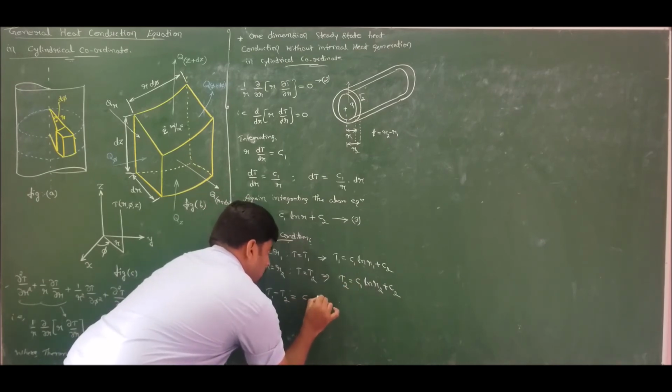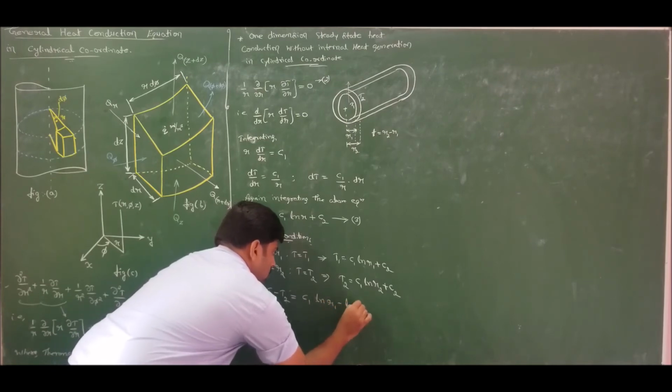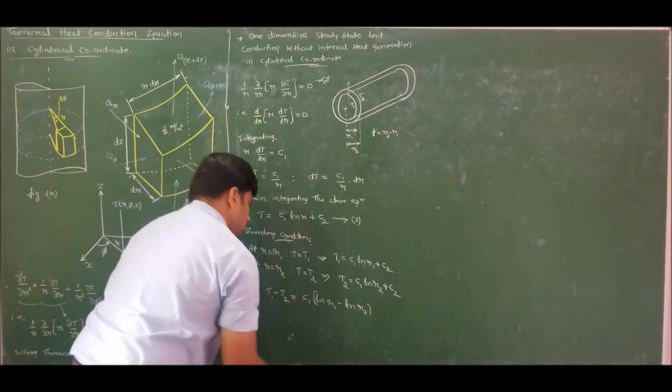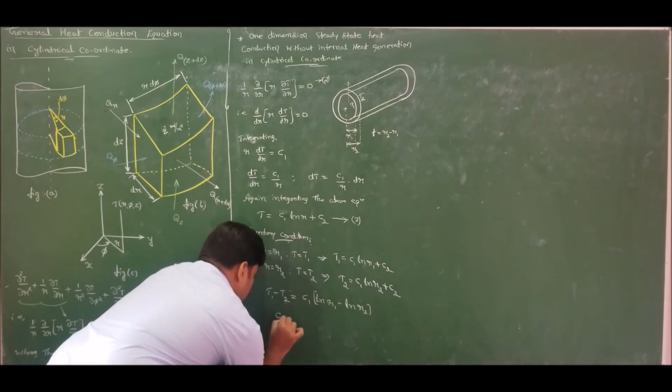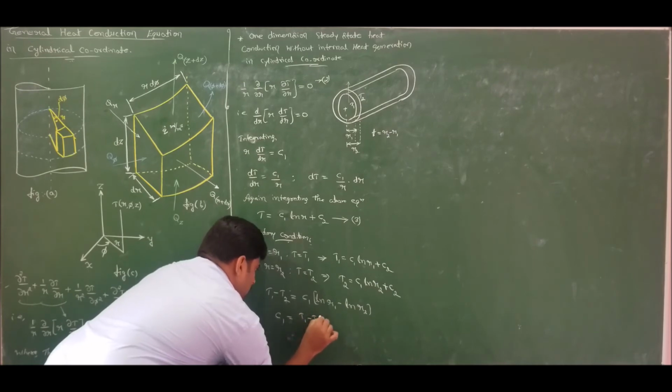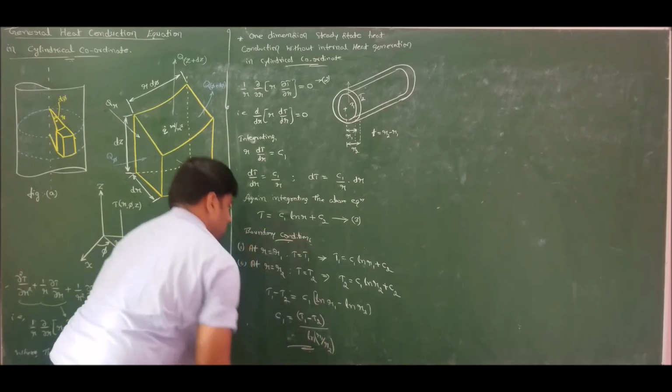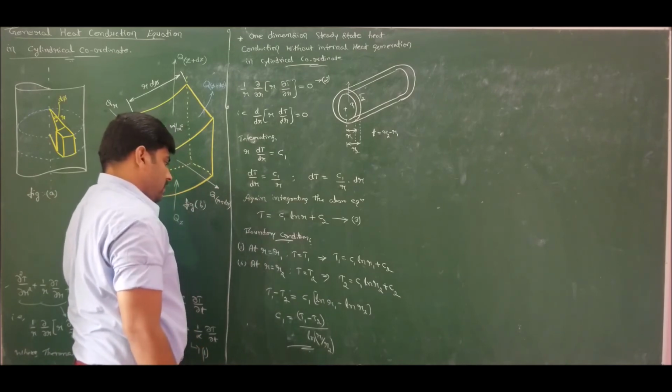If I take C1 common, I have ln R1 minus ln R2, C2 will get cancelled. So therefore I will get the value of C1 as T1 minus T2 divided by ln of R1 by R2.